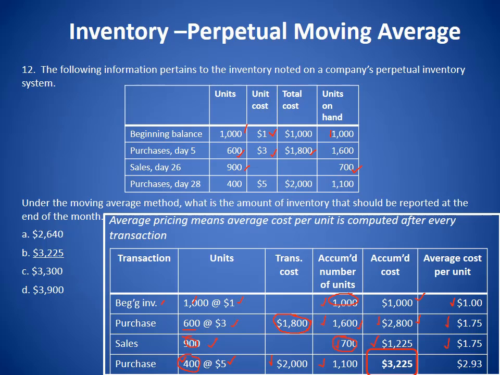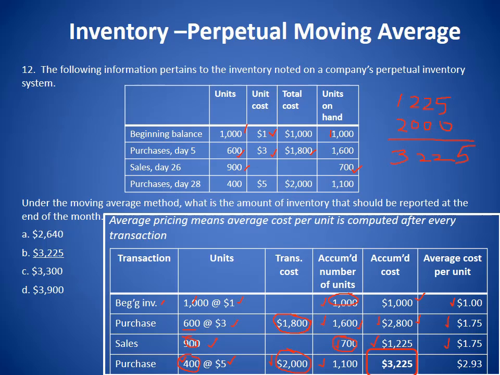Now in terms of accumulated cost, we started out, in the previous transaction, I'll write it up here, with $1,225 worth of value in our inventory. But now we're adding to it that $2,000 worth of value from the current transaction. So when I add our previous balance plus the new amount added to the inventory, it would be $3,225, which equals our accumulated cost.